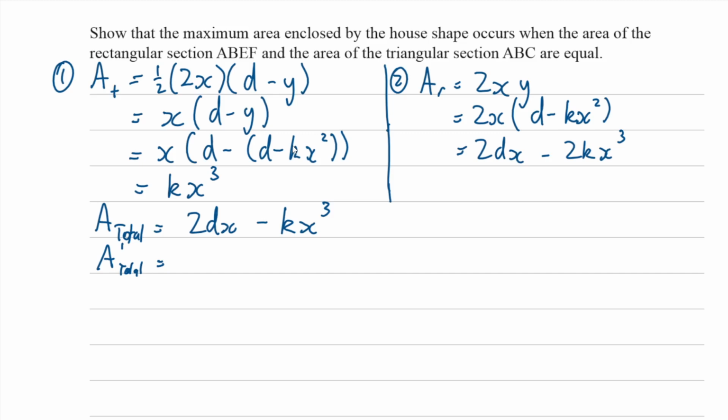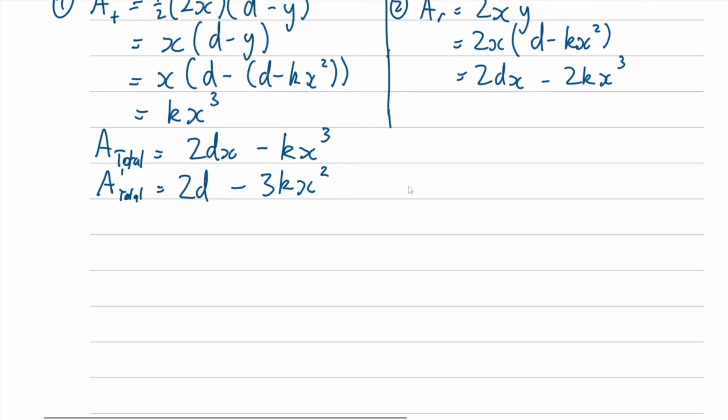So the derivative of 2dx with respect to x is 2d. The derivative of minus kx cubed with respect to x is minus 3kx squared. Alright, and we set that equal to 0 because we want to find the x values of the turning point.